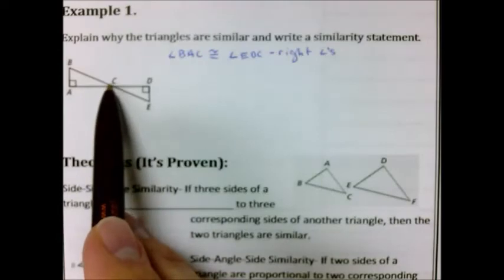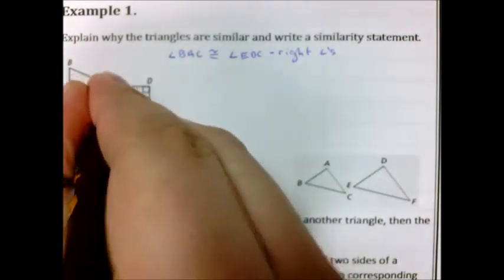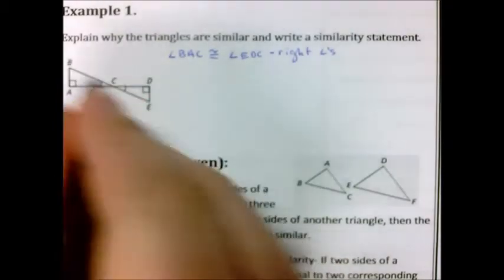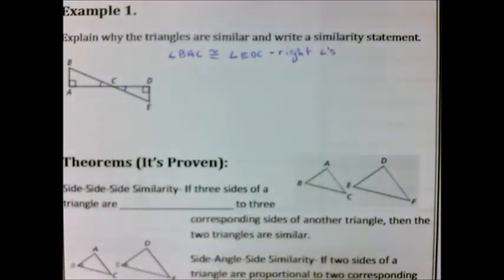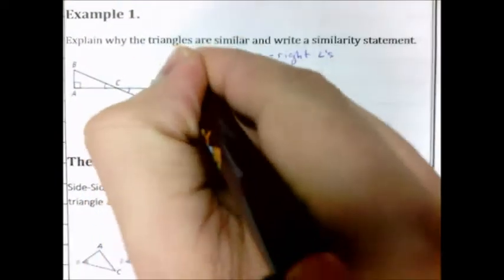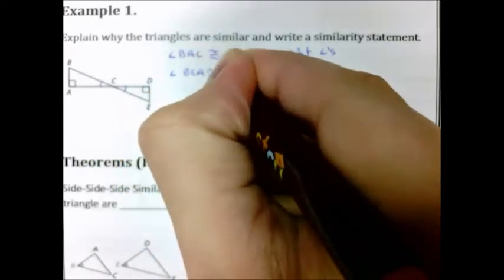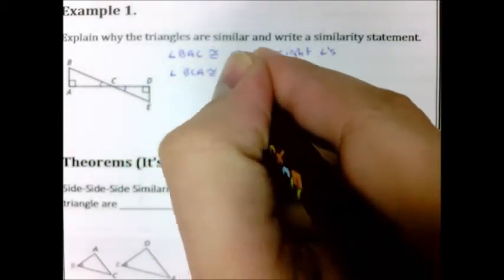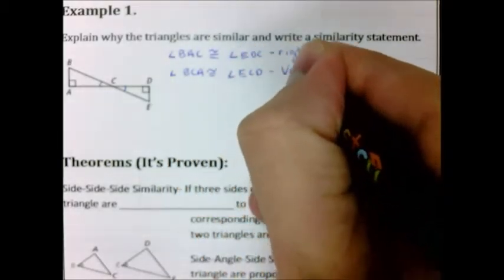And we can also see here that these two angles are vertical angles. Angle BCA and angle ECD are also going to be congruent. Okay, so angle BCA is congruent to angle ECD, and that's because those are vertical angles.